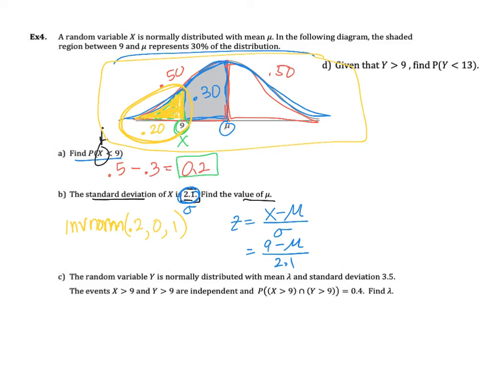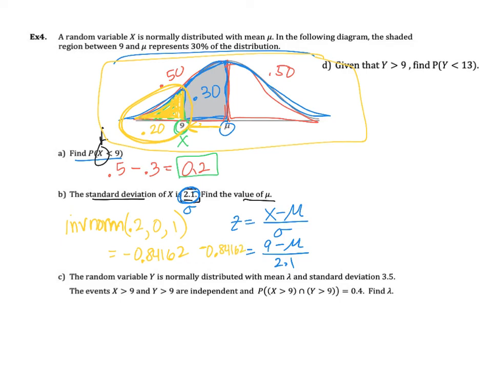And so I would plug that into my calculator, inverse norm, 20% of the data and how it's associated with the number 9. That would give me a negative 0.84162. Okay, what does that mean? That means that the 9 is less than 1 standard deviation away. It's actually 0.84162 standard deviations away from the mean. So that is now your z-score.